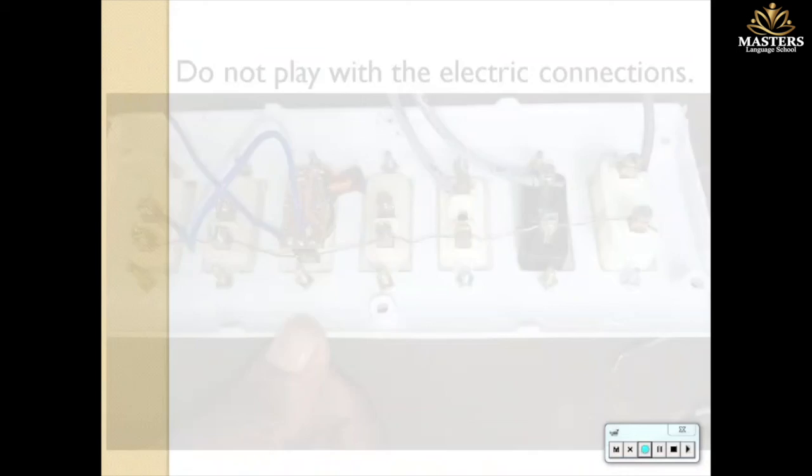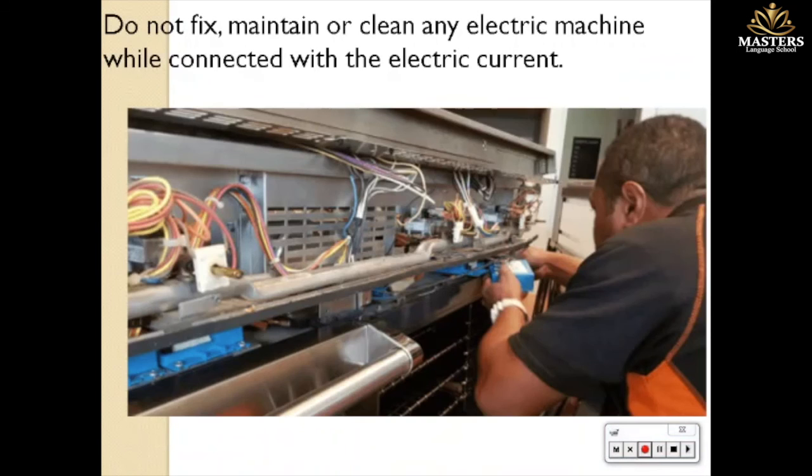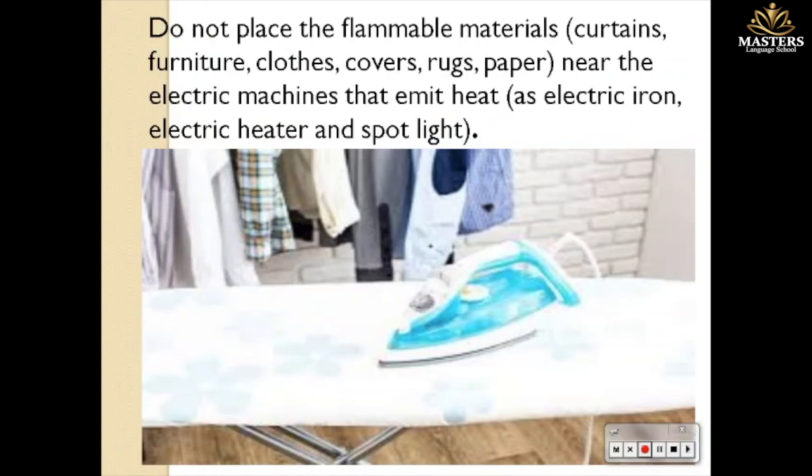Number 7, don't fix, maintain or clean the electric machine while connected with the electric source. Number 8, don't place flammable materials, curtains, furniture, clothes, covers, rugs, paper near to the electric machine that emits heat, like electric iron and electric heaters.